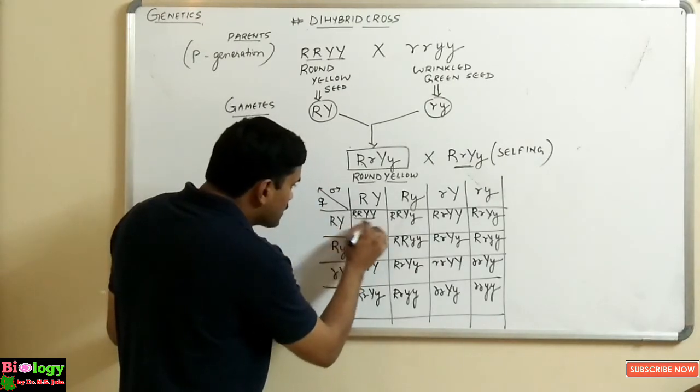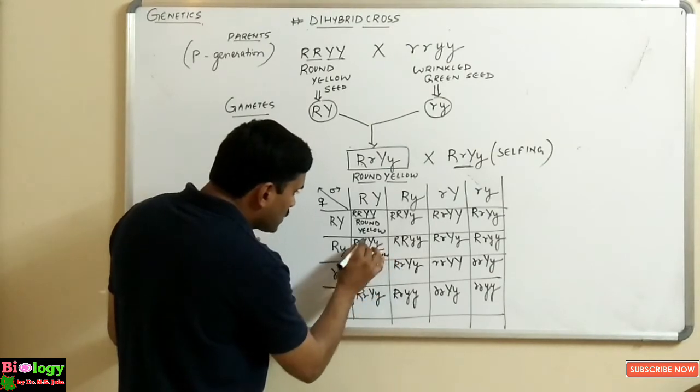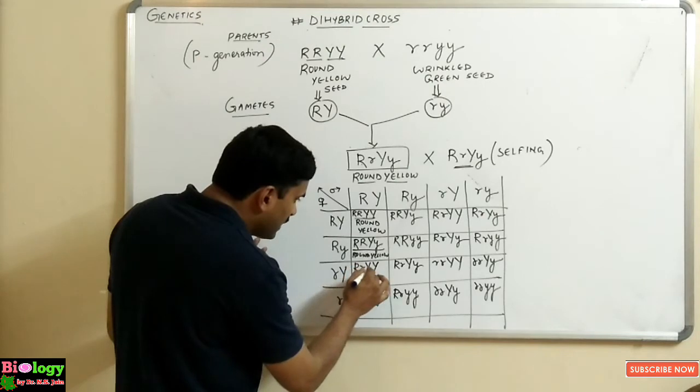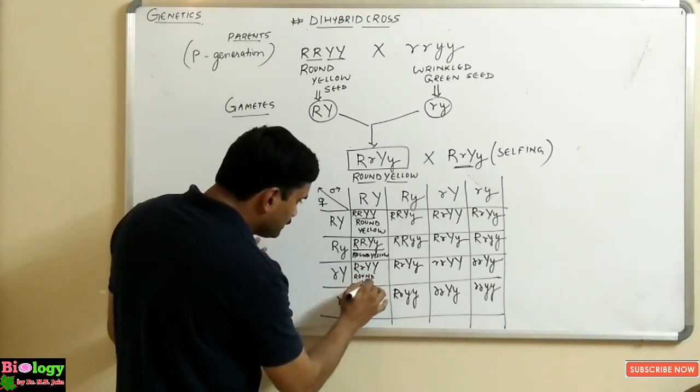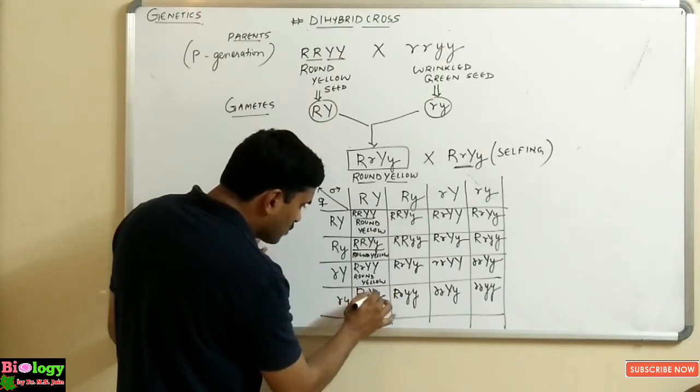Say, this is what? Round and yellow. These are also round and yellow, because dominance is followed. This is dominant over this one. This is also round yellow, because this is dominant over this one, and this is dominant over this one.